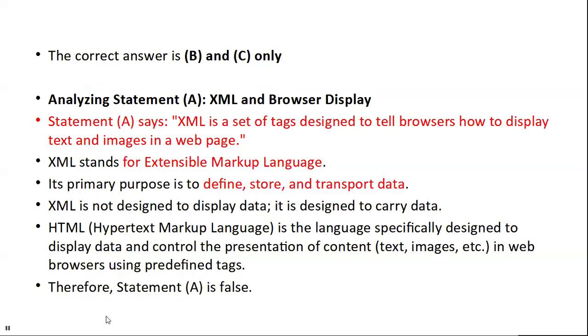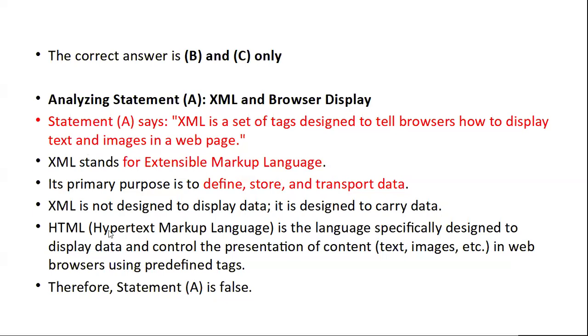First I will give you a brief idea about what XML is. XML is extensible markup language. Its primary purpose is to define, store and transport data. XML is not designed to display data. The statement says XML is a set of tags designed to tell browsers how to display text. This is wrong.